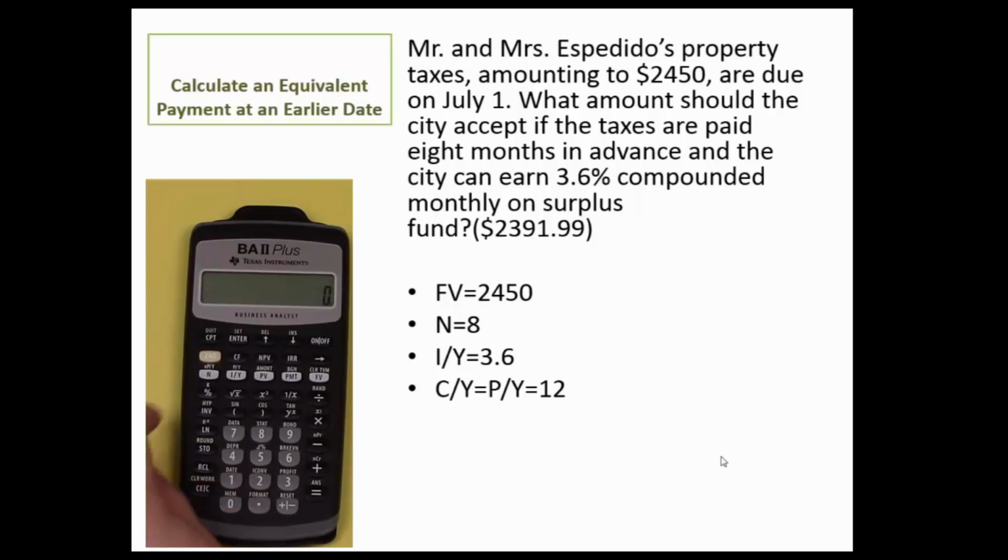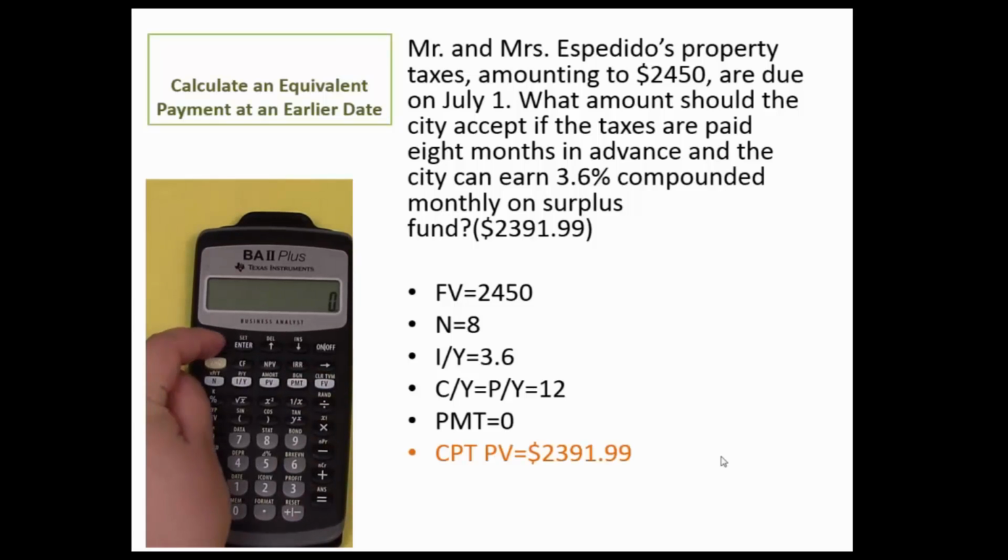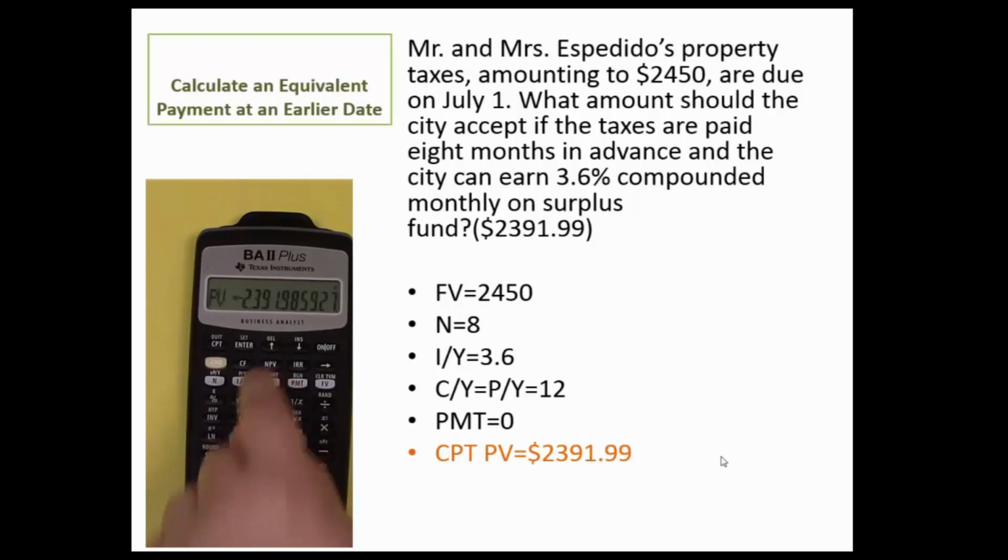The compounding is monthly, so press second, interest rate, and then enter 12. Payment is 0. Press compute and PV to get the answer.